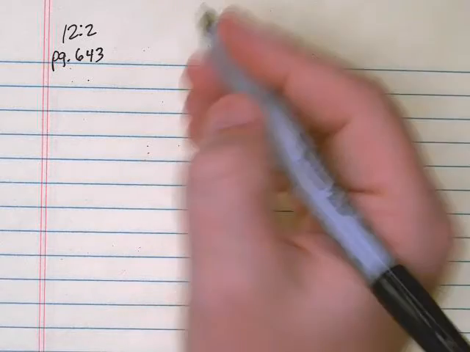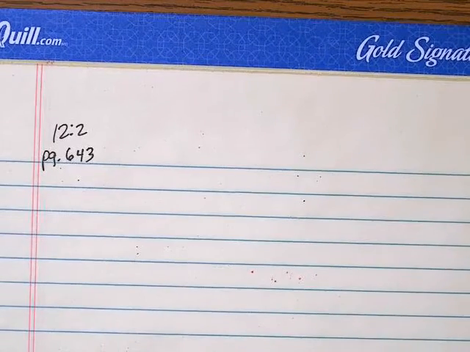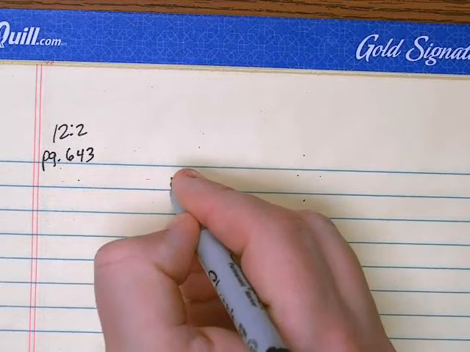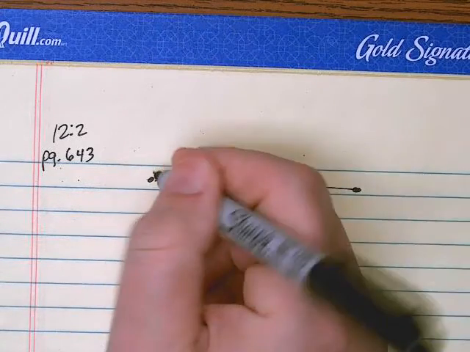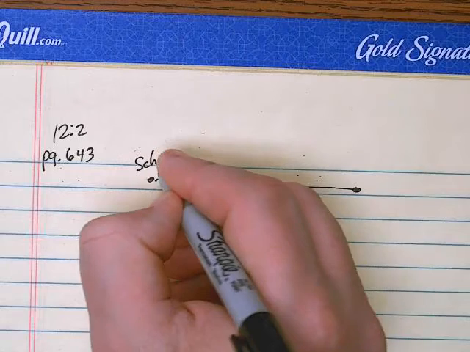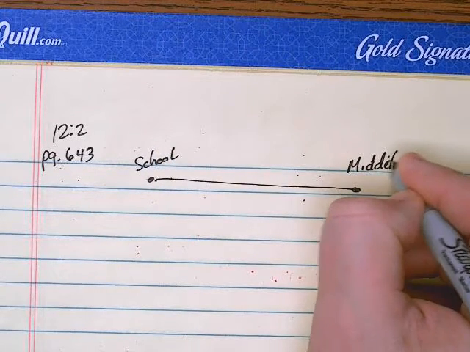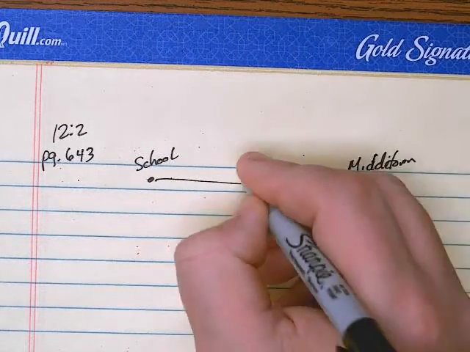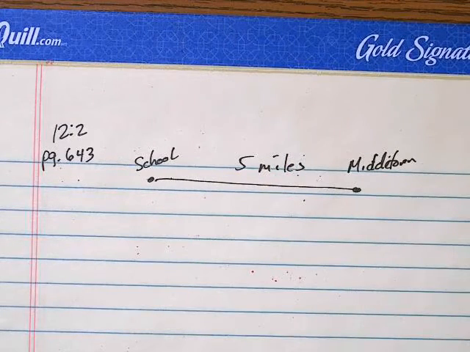Okay, so on page 643, before we look at an example specifically, let's just talk a little bit about an illustration. Let's say that we're at the school, which we are, and Middletown is 5 miles away. Now I know it's not quite, but it's close. So 5 miles away.